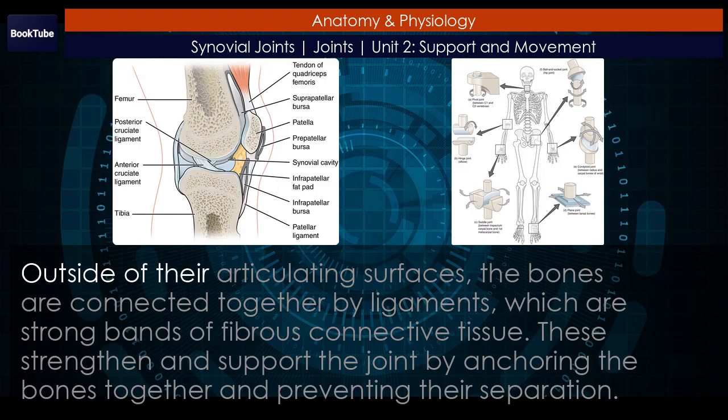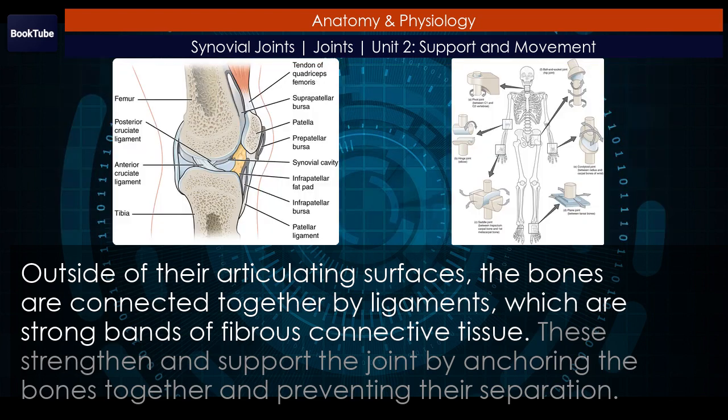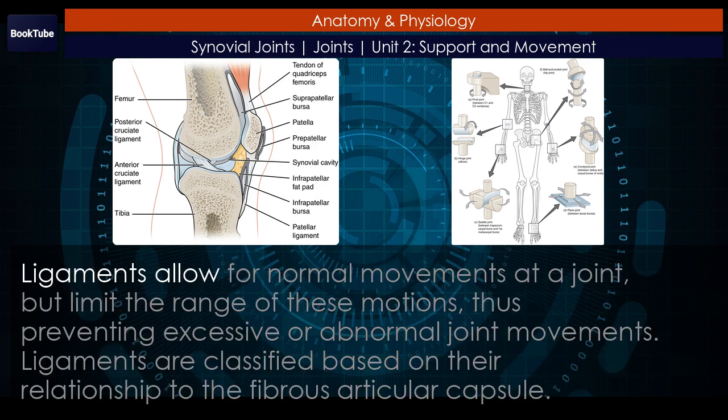Outside of their articulating surfaces, the bones are connected together by ligaments, which are strong bands of fibrous connective tissue. These strengthen and support the joint by anchoring the bones together and preventing their separation. Ligaments allow for normal movements at a joint, but limit the range of these motions, thus preventing excessive or abnormal joint movements.